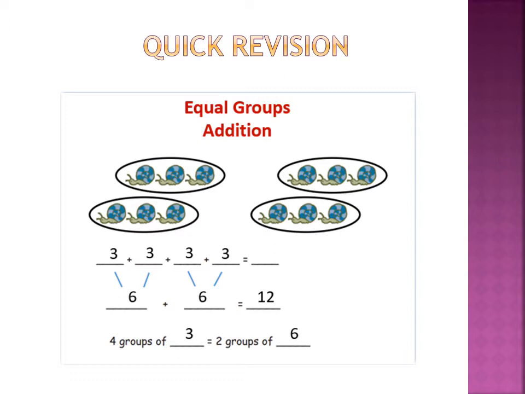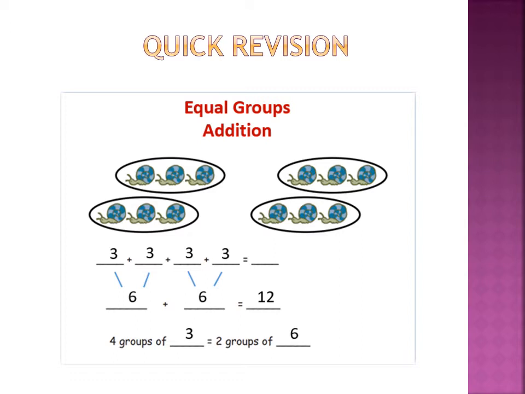So we have 4 groups of 3 each, or we can say 2 groups of 6. But students, for now we will only study 4 groups of 3 snails each. I hope I am clear to you on this topic.